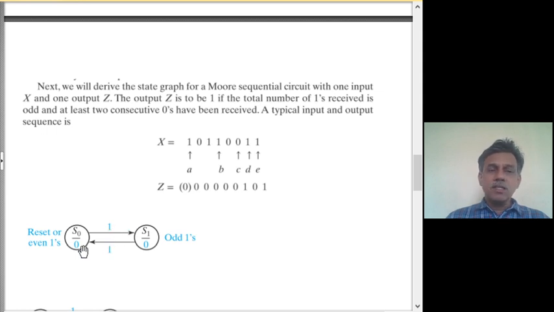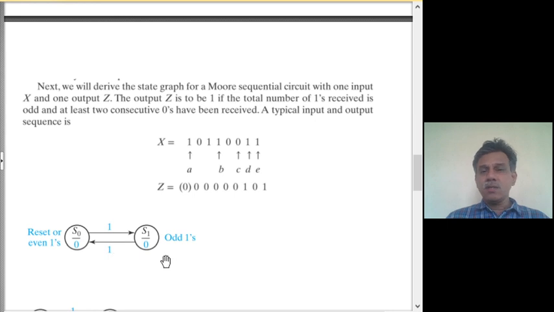This is how we can do it. We will have one state called S0, which represents that the count of ones that has occurred so far is even, and another state S1 where the number of ones that has occurred is odd, and we will switch between these 2 states whenever the bit 1 has occurred.